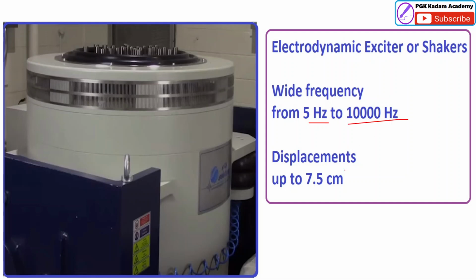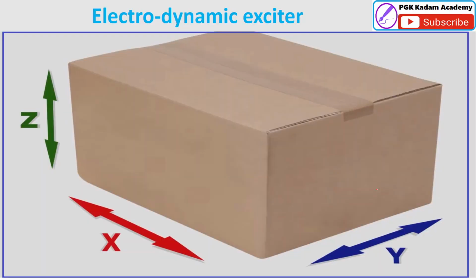The displacement up to 7.5 centimeters can be created using this type of exciter. We will go through the actual construction in detail. These create excitation in the X direction, the Y direction, and also the Z direction.